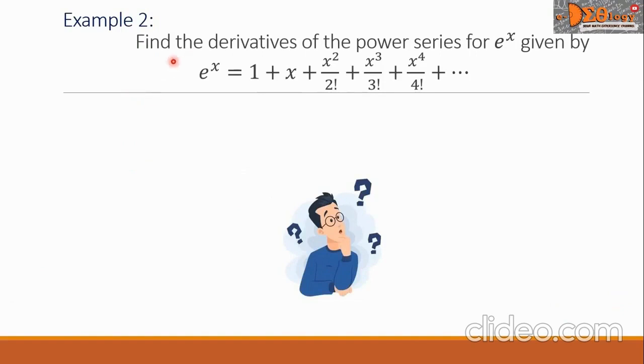Example 2. Find the derivatives of the power series for e raised to x, given by e raised to x equals 1 plus x squared over 2 factorial plus x cubed over 3 factorial plus x raised to 4 over 4 factorial plus and so on.